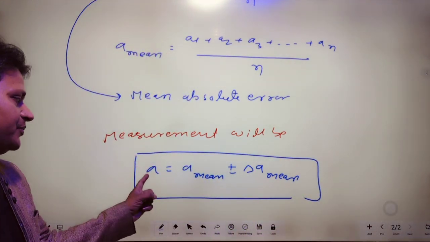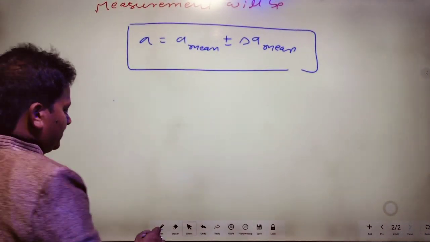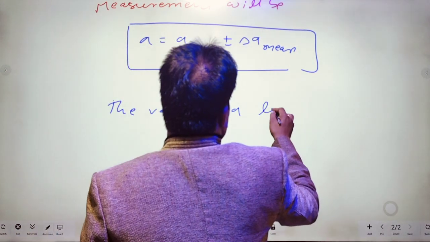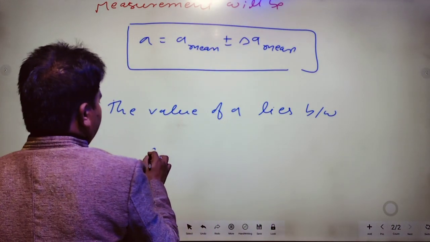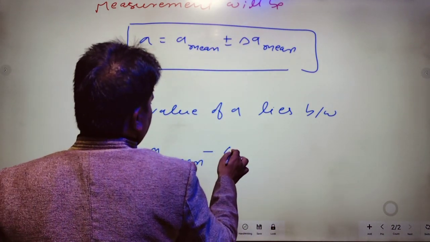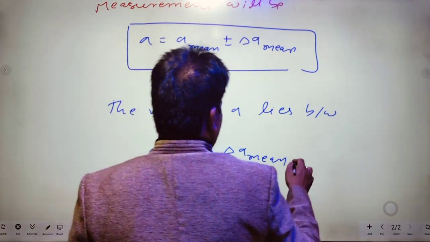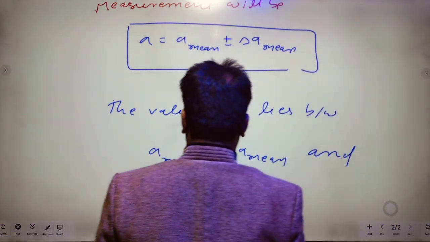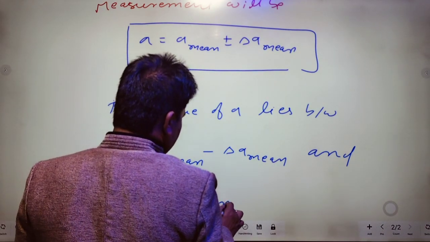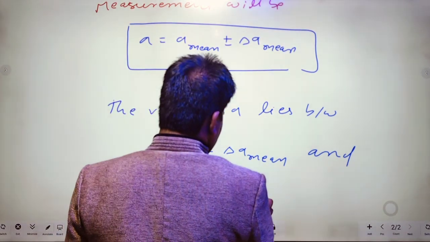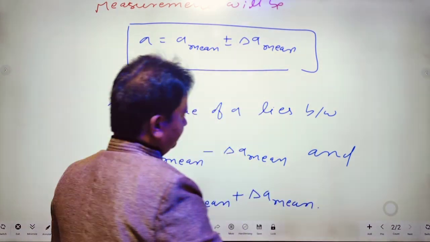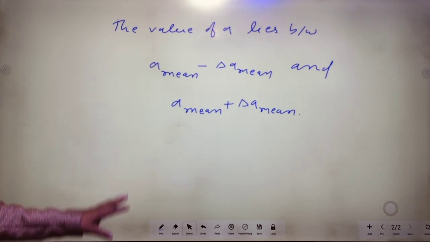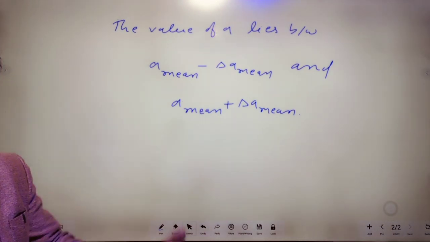This means that the value of A lies between A mean minus delta A mean and A mean plus delta A mean, from this to this.